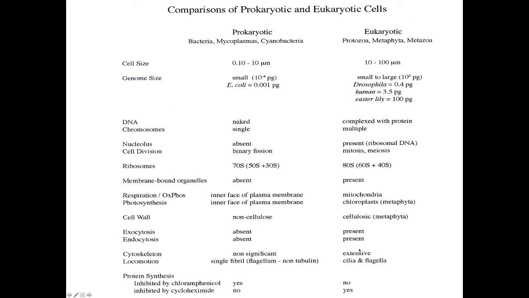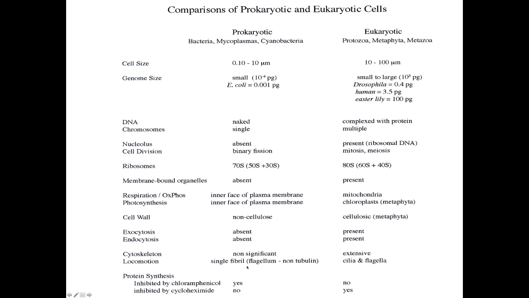Very extensive cytoskeleton in eukaryotic cells. Almost no cytoskeleton, or not that significant a cytoskeleton, in prokaryotic cells. Eukaryotic cells have cilia and flagella, which makes up the sperm tail. We'll talk about this in some detail later in the course. Prokaryotic cells don't have cilia.